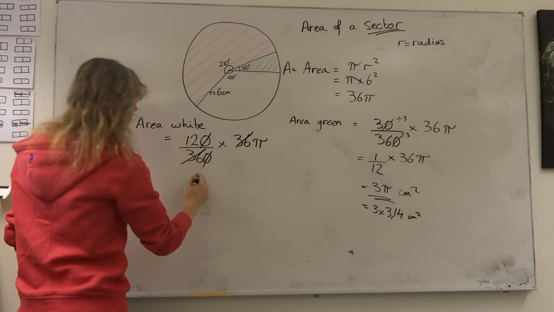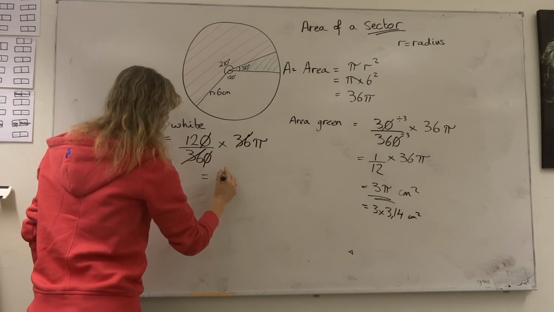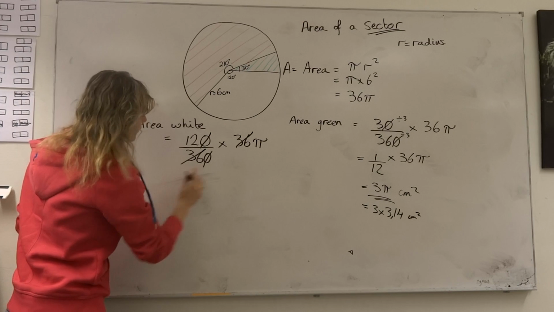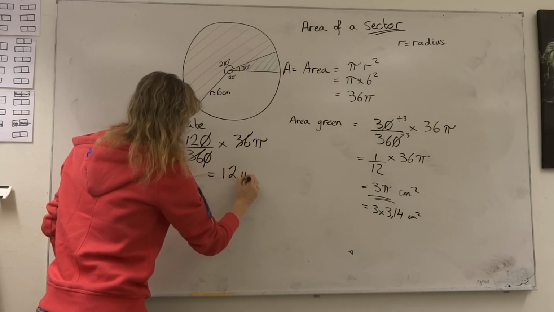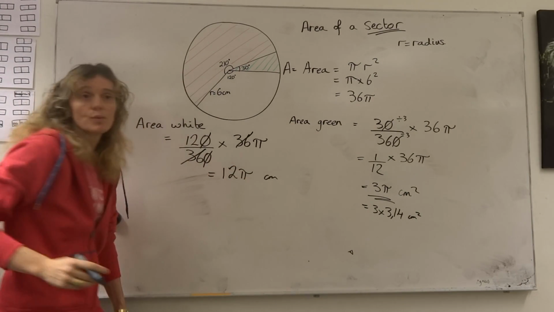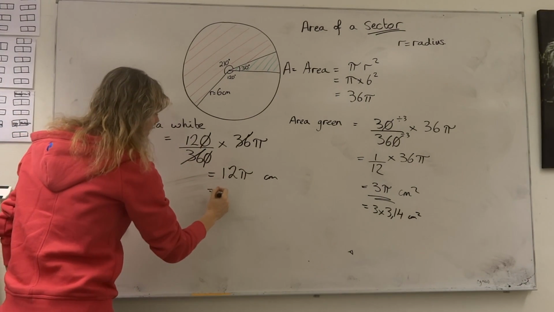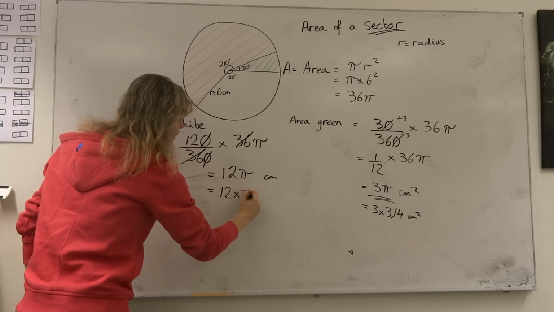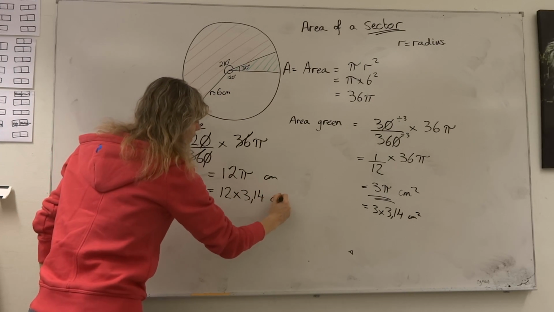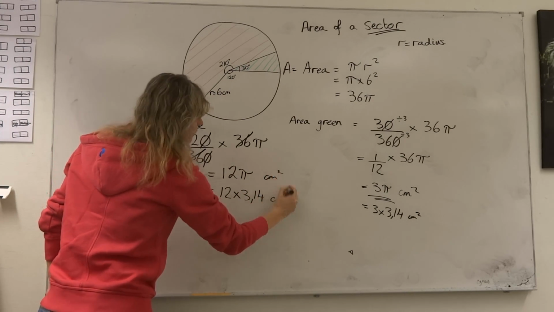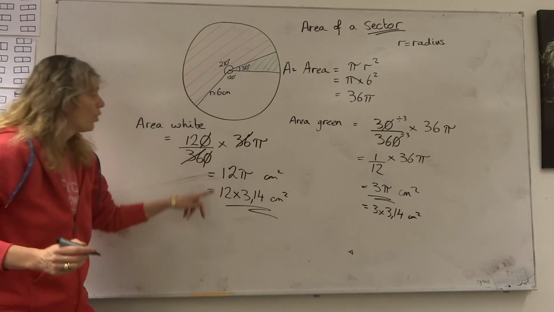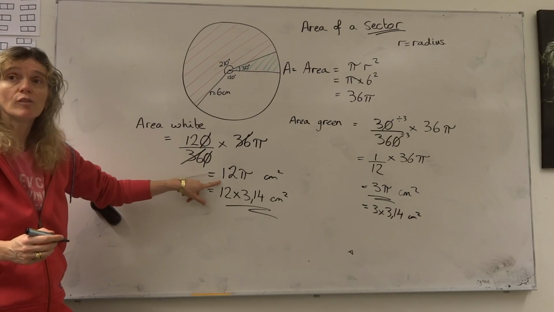And now we get equals 12 pi. Sorry, centimetres, because we're talking centimetres. So we can get an exact answer for that by multiplying 12 times 3.14 centimetres squared, because we're talking area. Or we can leave it in terms of pi, 12 pi.